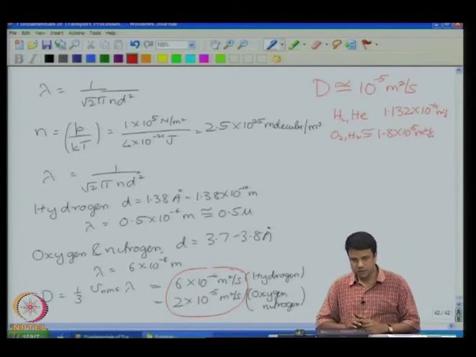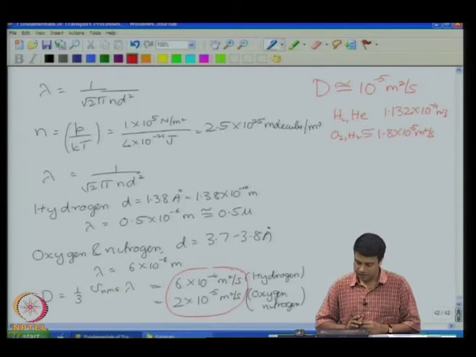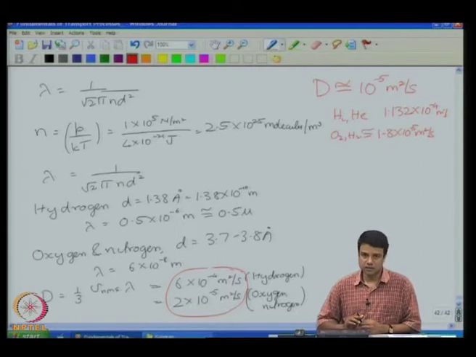Okay. And the reason that the diffusion coefficient has this range is because the mean free path goes from about 10 power minus 7 to 10 power minus 8 meters, and the velocity varies between 100 and 1000 meters per second.